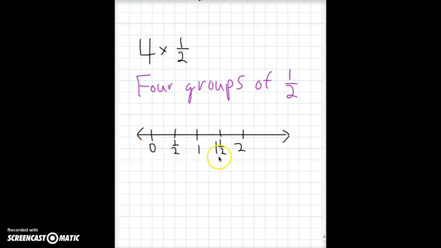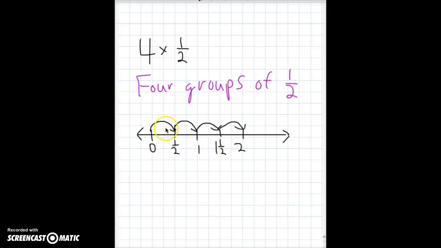So you can imagine we start at 0 and we go up by a half for every tick mark. Then 4 groups of 1/2 means like this. I have 1 group of 1/2, 2 groups of 1/2, 3 groups of 1/2, 4 groups of 1/2.